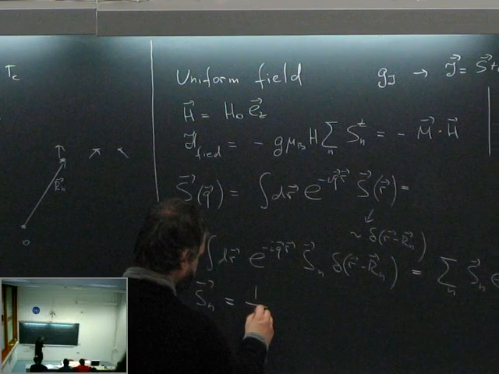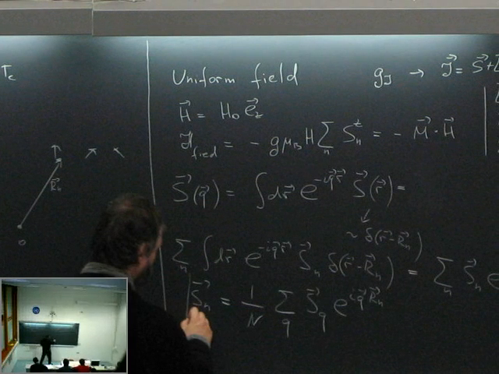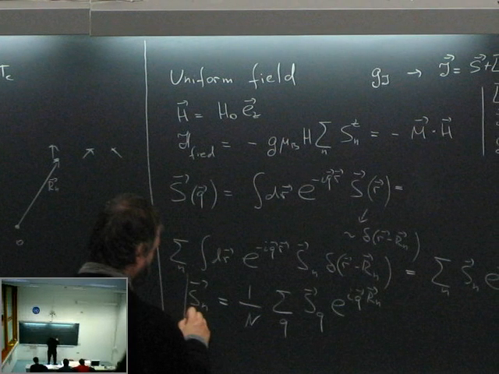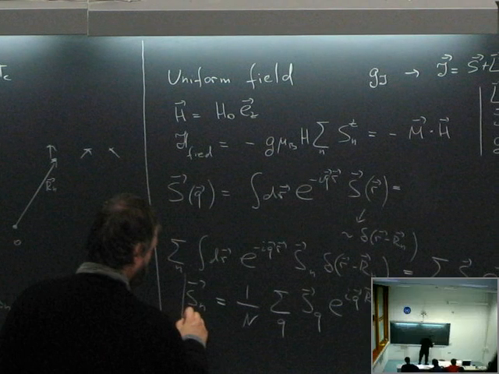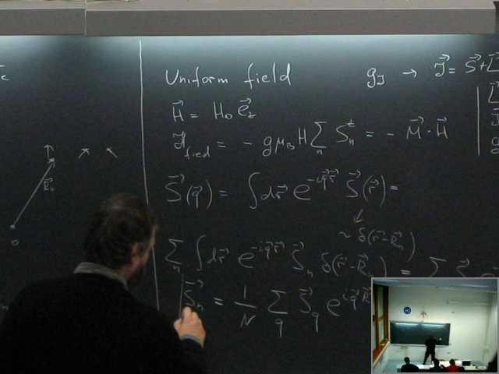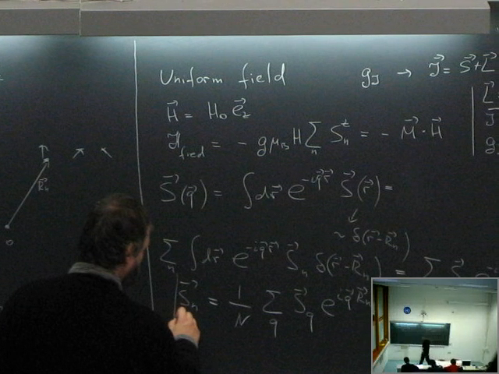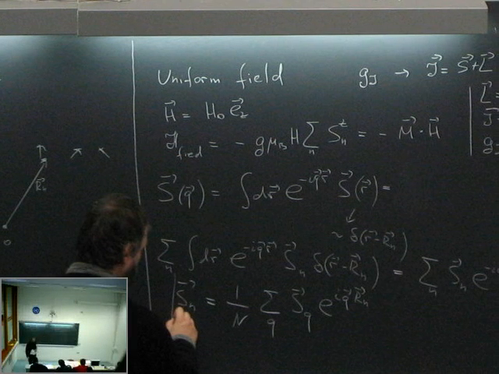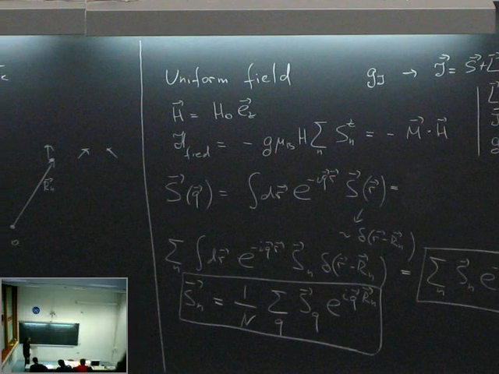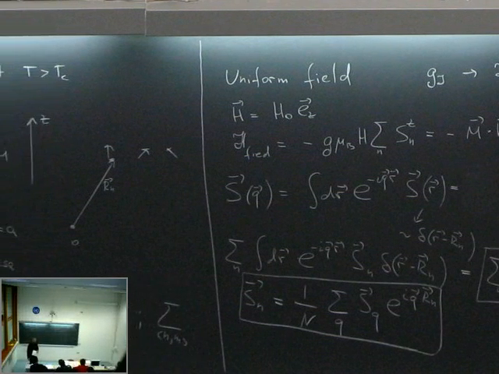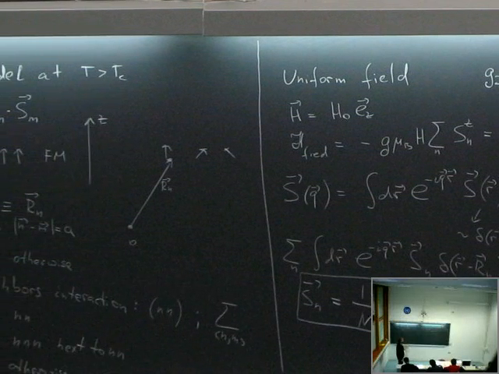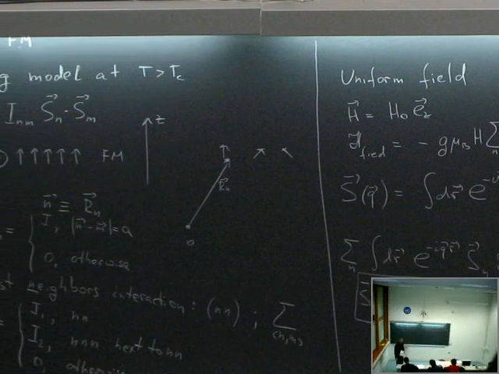So this is how the direct and inverse Fourier transformation is defined. Tomorrow, discussing magnons, we will make this transformation symmetric, normalizing both of them by 1 over square root of N.